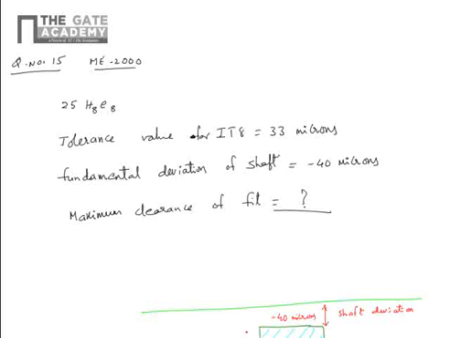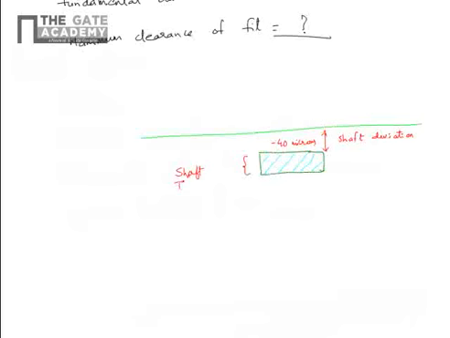So this part is shaft tolerance, which is how much? It is 33 microns. Similarly for the hole, he has not mentioned any deviation, so the fundamental deviation for the hole is 0. We have to take that blindly.